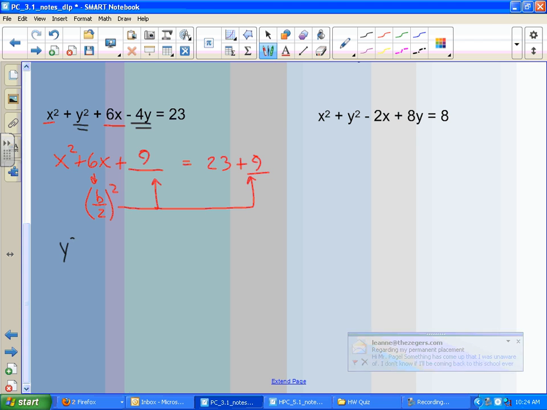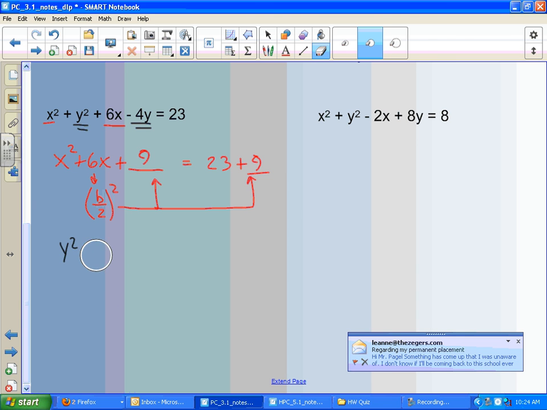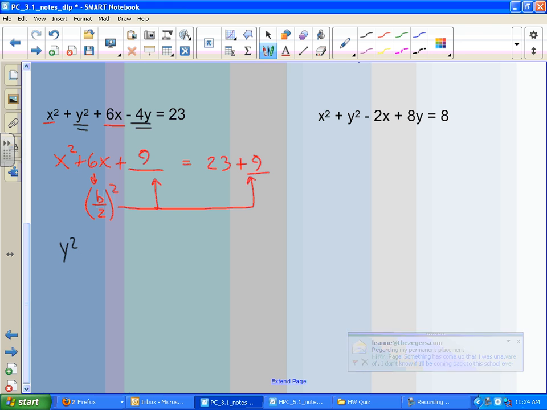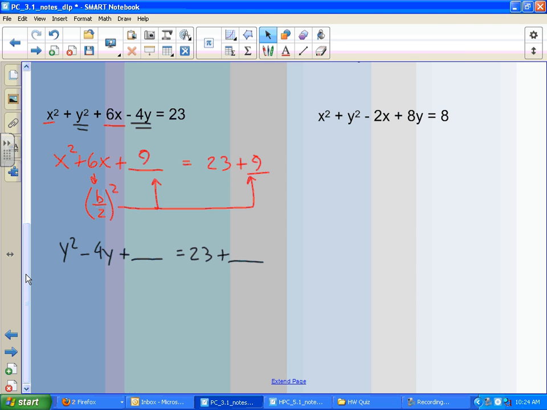We have a y squared and a negative 4y. And we're supposed to add something on to that, and we're supposed to add something else on to the 23. What are we going to get?